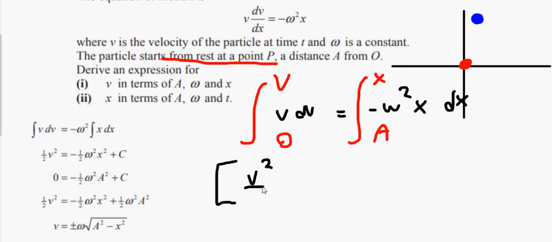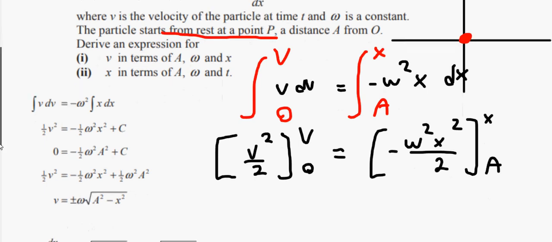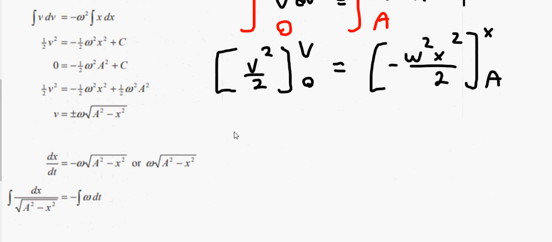v squared over 2, v to 0, and then minus, that's a constant, isn't it? So minus omega squared, and then x squared all over 2, and this is x and a. Good so far? Alright, let's keep going. What's next then? v squared over 2.